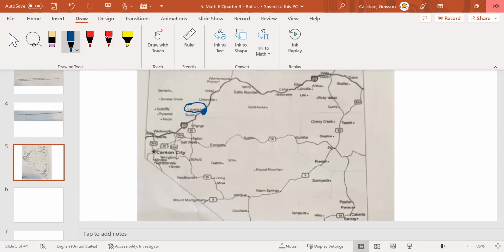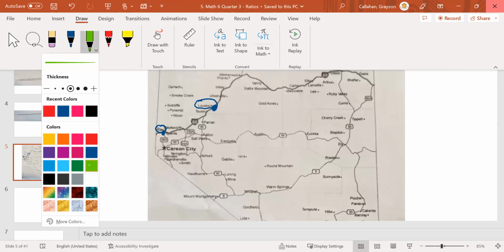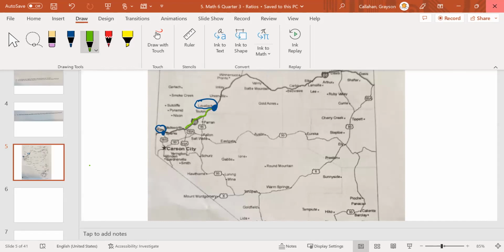Where do you see Reno? Oh, there we go. Here's Reno. There's Reno, right? So we're gonna drive here to here. So make sure you draw that with your color pencil, okay?